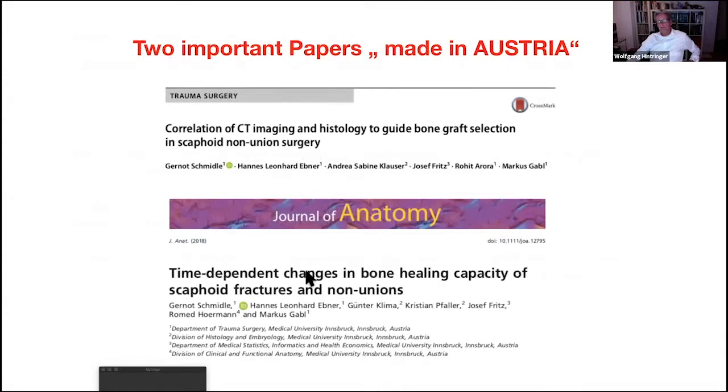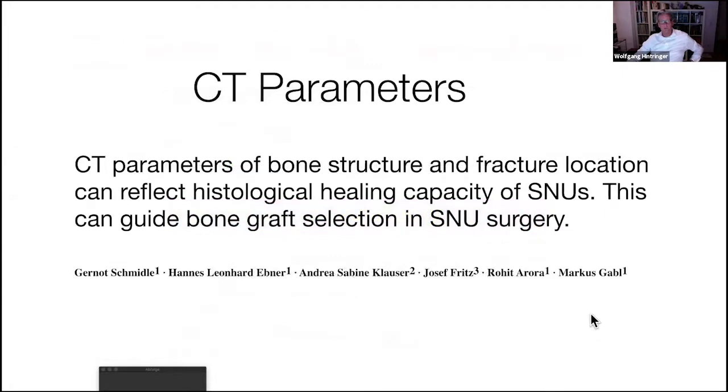And the guys from Austria, from Innsbruck, made two important papers. The first is correlation of CT imaging and histology to guide bone graft selection in scaphoid non-union surgery. And the second one was time-dependent changes in bone healing capacity of scaphoid fractures and non-unions. What does that mean?